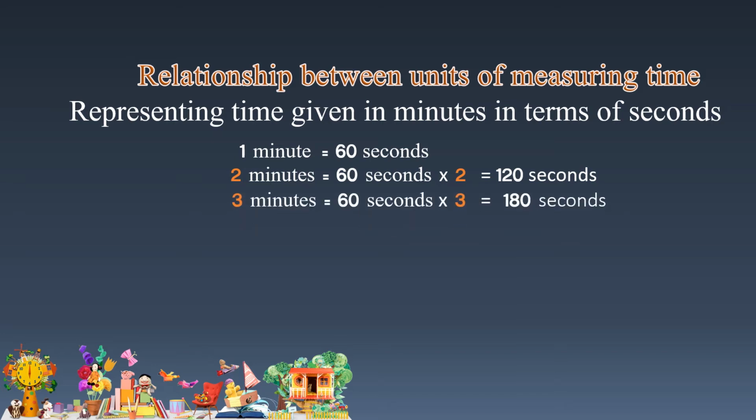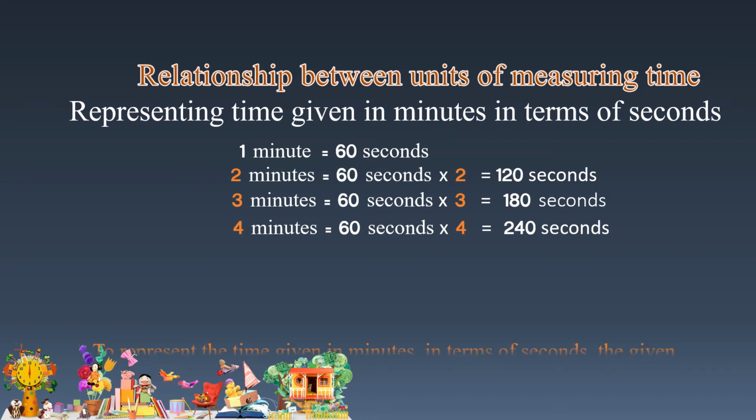When we want to find 3 minutes in seconds, 60 seconds should be multiplied by 3. So the answer is 180 seconds. For 4 minutes in seconds, you can multiply 60 seconds by 4. So the answer is 240 seconds.